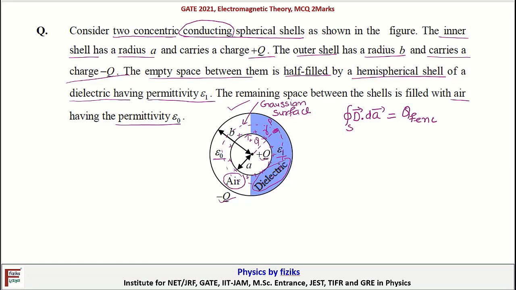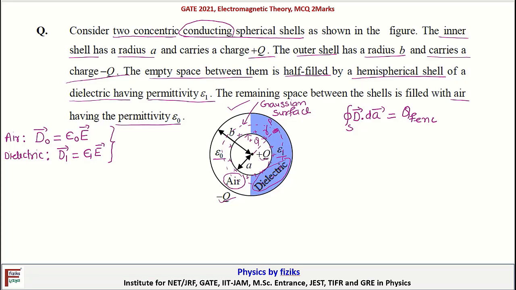We don't require bound charge, we require only free charge. And how to define D in air and dielectric? In air, we will write it as D naught, and this D naught vector is given by epsilon naught E, where E is the electric field at r distance away. And in dielectric, we will write D1 as epsilon 1 E.